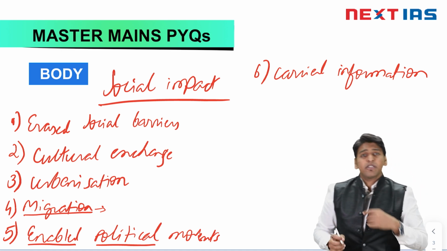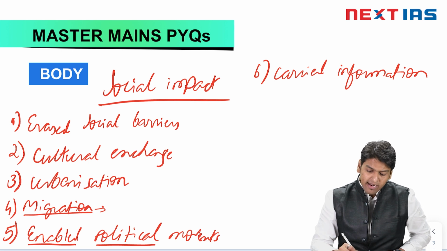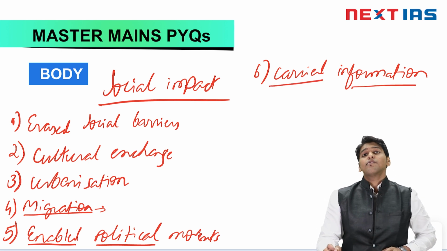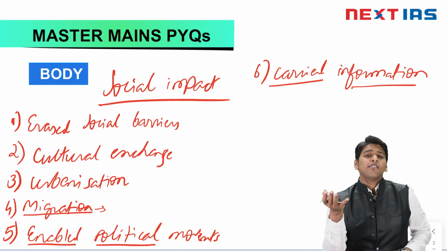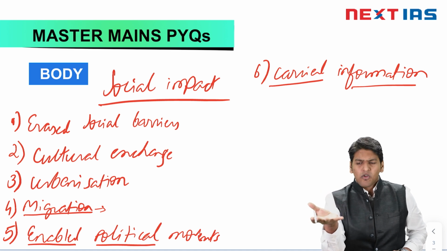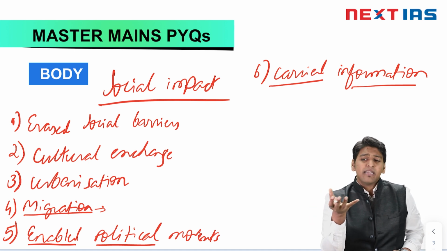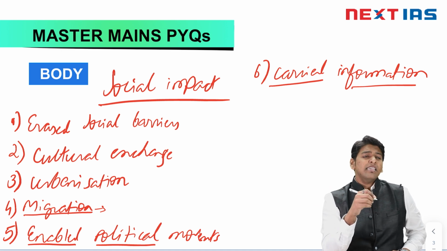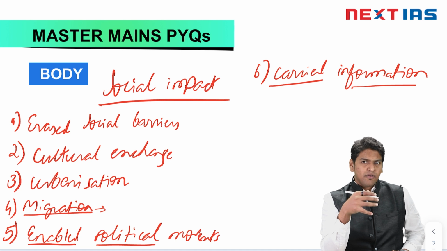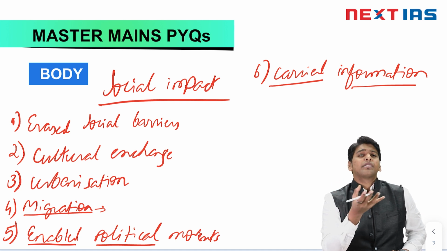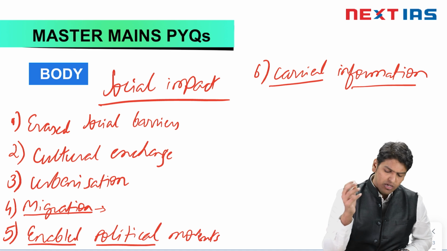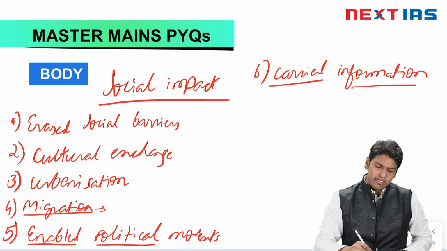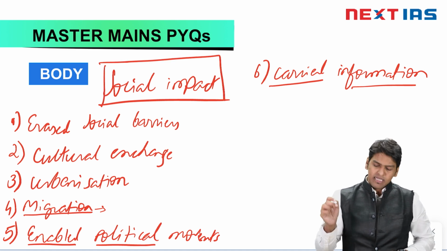It was the cheapest form of transport, and when people moved, they moved with information. Like if someone came from, say, south to north, they can talk about the problems in the south, and when they come to the north and see the problems are similar, it develops a sense of unity among them. So these are the social impacts brought by railways.